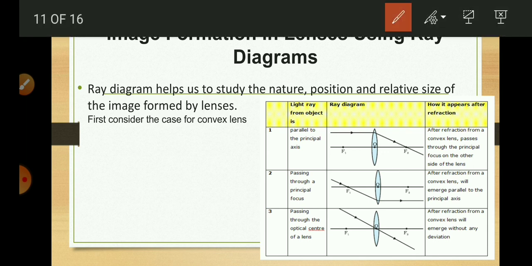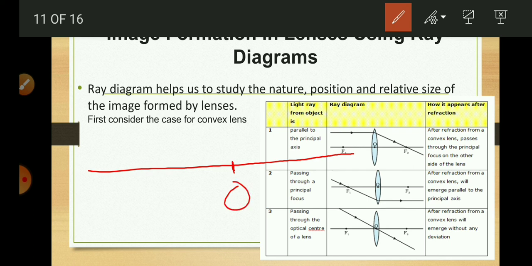First of all, draw a line representing the principal axis. So draw a straight line with the help of a ruler. It is our principal axis. Mark the optical center O in the center of the line using a ruler. So exactly at the center you have to take the optical center.